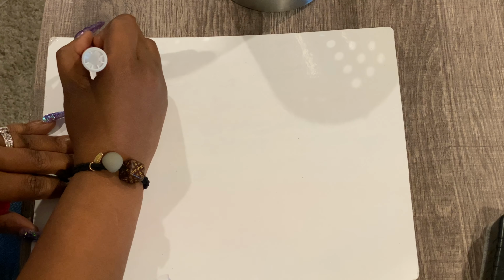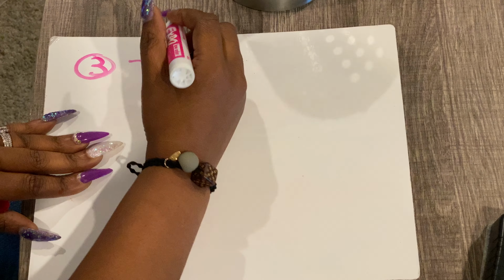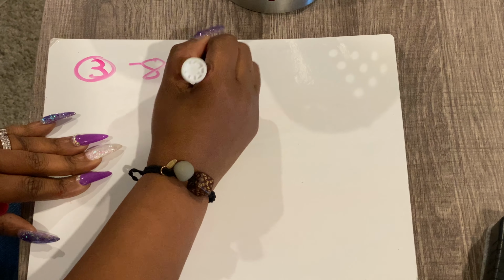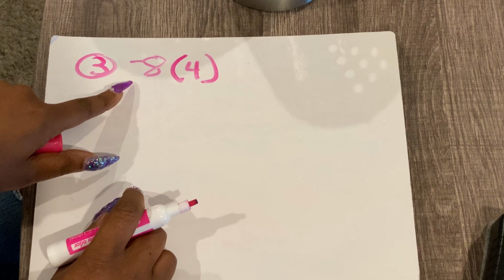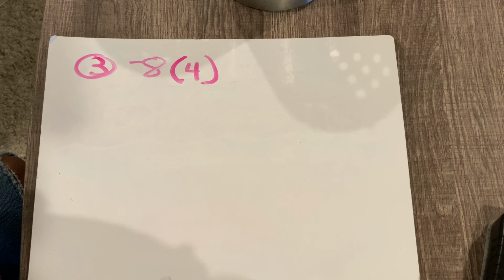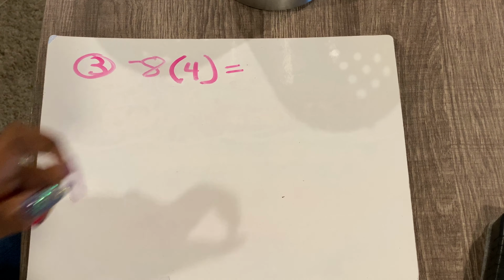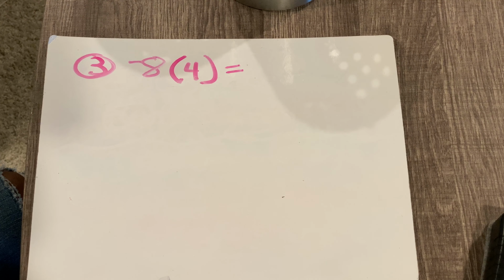Example number 3. I'm going to do negative 8 times 4. So sometimes you're not going to see a parenthesis over both. Sometimes you're going to see it this way. You still need to know that this means I'm still multiplying. It just looks different. So what is a negative 8 times a positive 4? First of all, what's my answer going to be, positive or negative?